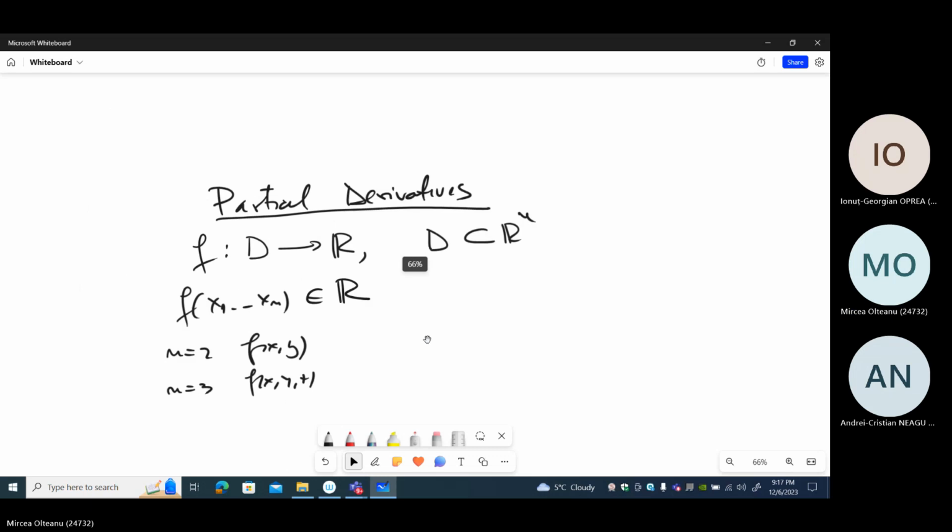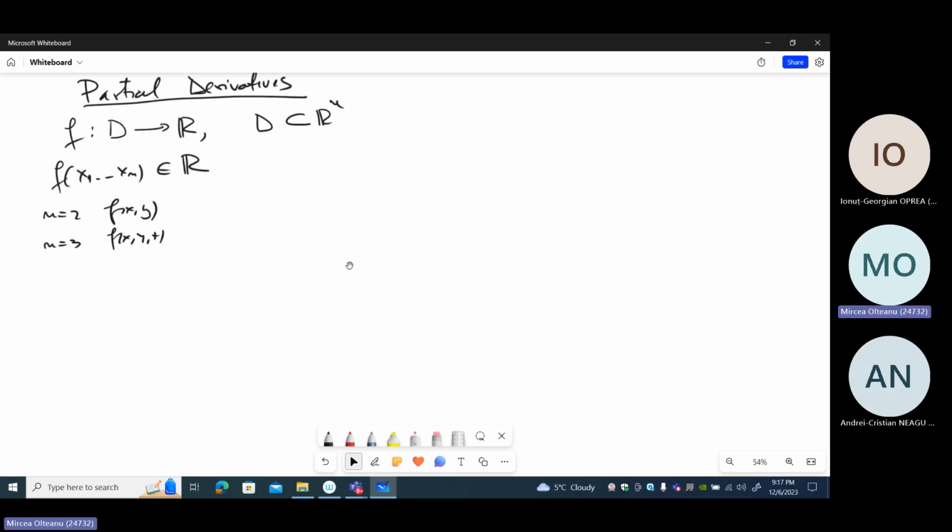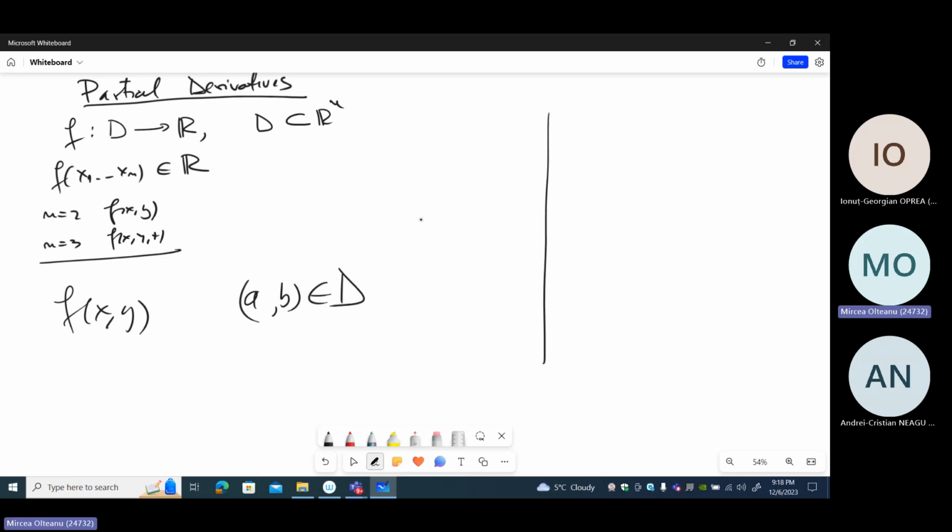Now, in the lecture, we shall see how we arrive at the notion of partial derivatives. Anyway, let's take a function of 2 variables, f of x and y, and let's fix a point (a, b) in the domain of definition. What would we like to know? Well, we are interested in problems of the following type.